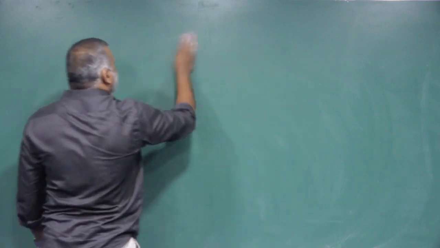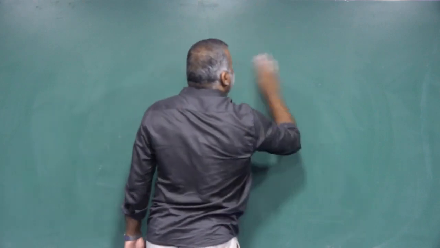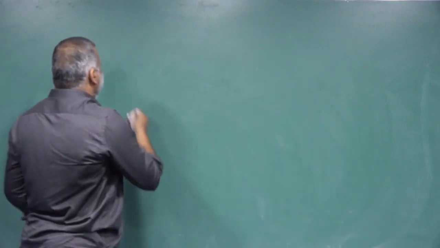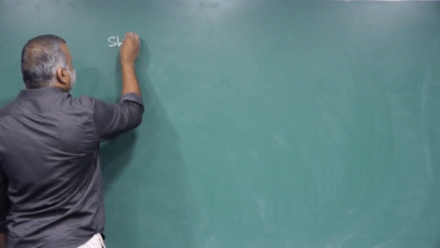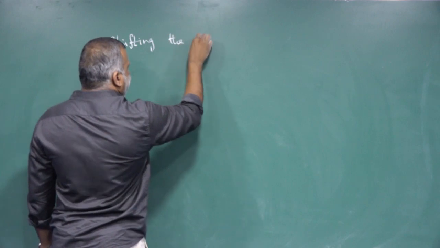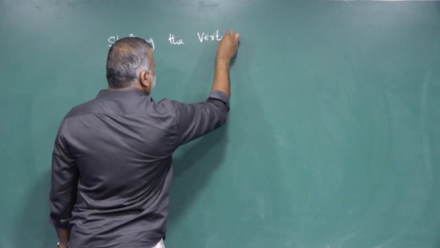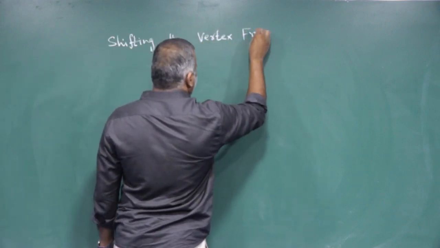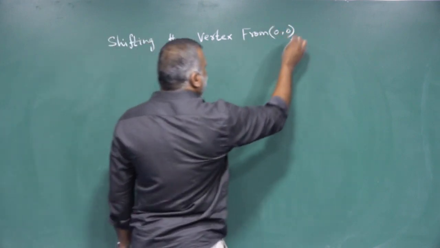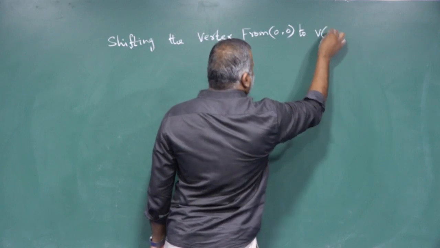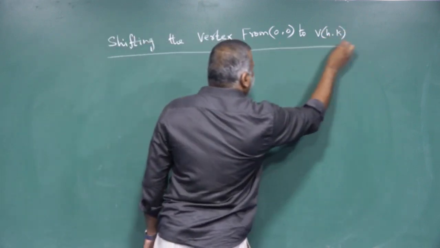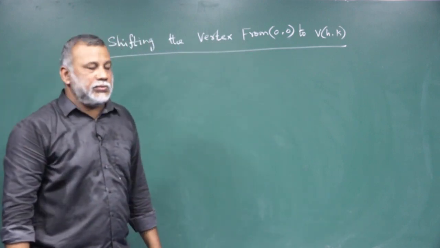But now, a new concept we are going to work out regarding this vertex. The heading is shifting the vertex from (0, 0) to V(h, k). Regarding this, we have some theoretical concept.